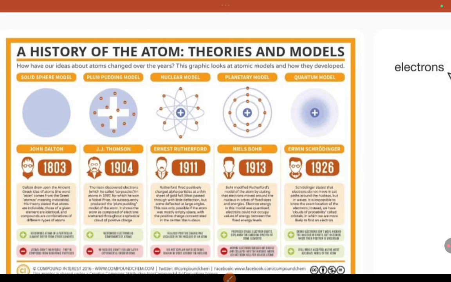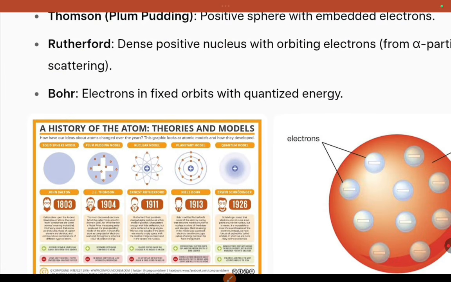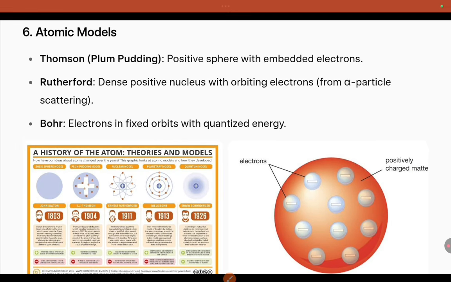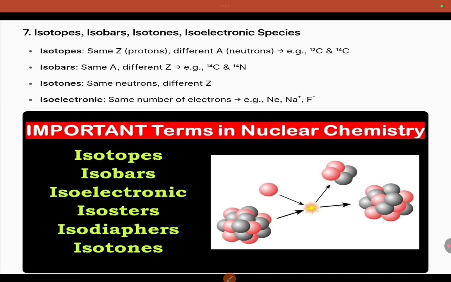Bohr proposed a planetary model, which is similar in character but is a modification, and then the quantum model was proposed. Nuclear planetary model, how the planets are evolving. This is the nuclear model. Now, how are the electrons embedded? This is about positively charged matter, and in the positive charge matter, electrons are embedded.